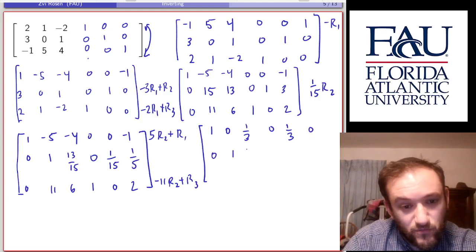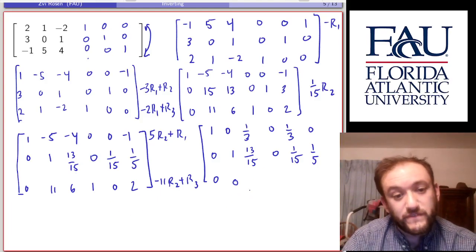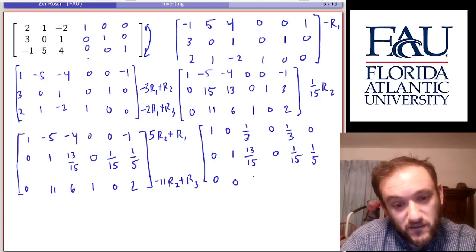Then we get 0, 1, 13 over 15, 0, 1 over 15, 1 over 5. And in the last row we get 0, 0. 13 over 15 times minus 11 gives us minus 143 over 15, plus 90 over 15 gives us minus 53 over 15.